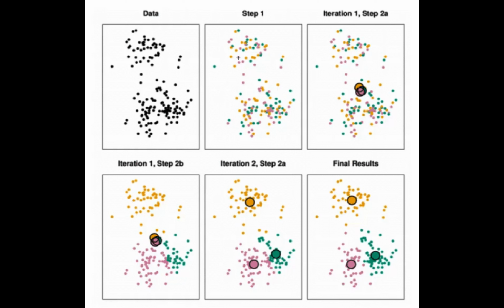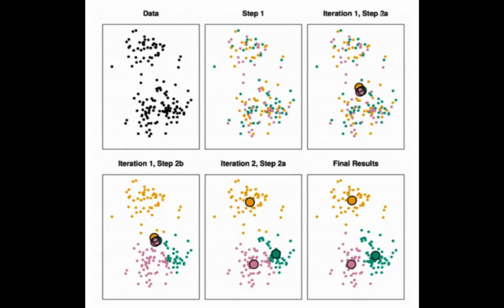The second step: we randomly assign each point to a cluster. As you can see in this graph, all the data points are randomly assigned to group yellow, group pink, or group green, right? Then for each cluster, we take the mean vector of all the points in that cluster and compute the cluster centroid.